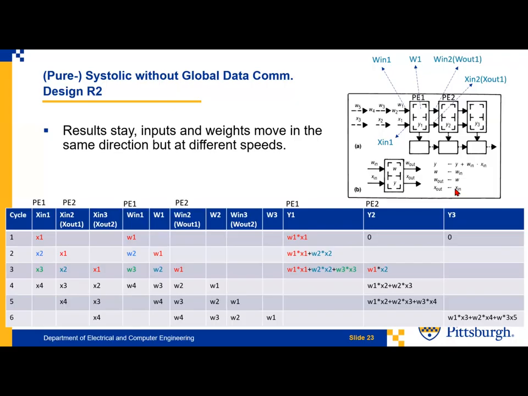At each cycle, the x input will directly propagate to the next processing element, and the weight has a register inside the processing element. The weight will stay at the processing element for one cycle, and the next cycle it will propagate to the next processing element.